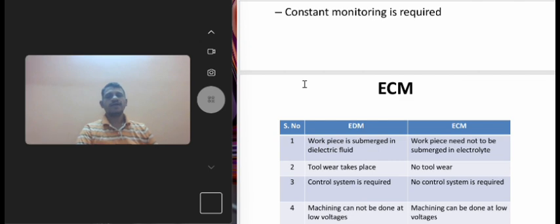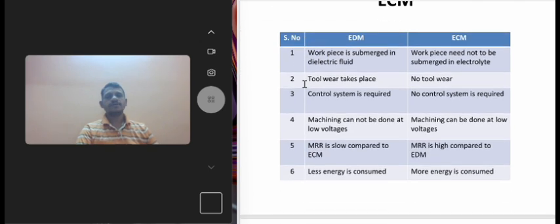The difference between EDM and ECM. In EDM, the workpiece is submerged in a dielectric fluid. In ECM, the workpiece need not be submerged in electrolyte. In EDM, tool wear takes place. In ECM, no tool wear takes place. In EDM, a control system is required.